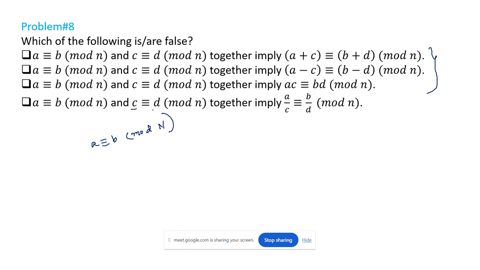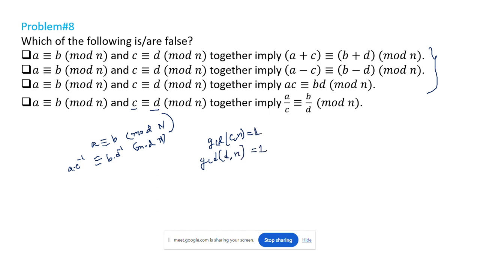Now if C inverse and D inverse exist in modulo n, then we can write A times C inverse. So this becomes the same as the third statement, where multiplication holds in modular arithmetic on both sides. You can multiply a number from Zn on both sides of the congruence relation. Only if the inverses of C and D exist, and the inverses will exist if GCD of C and n is 1 and also GCD of D and n is 1.